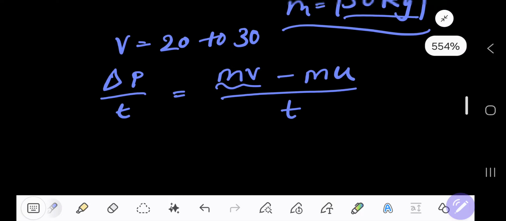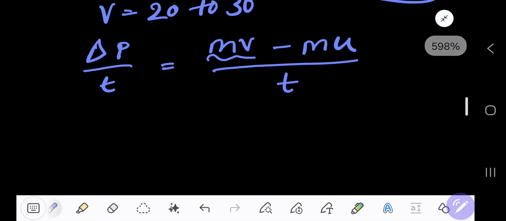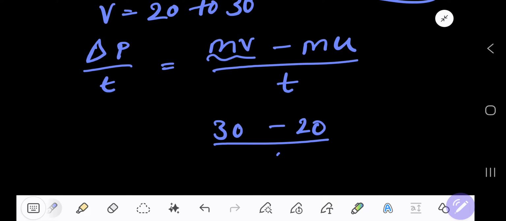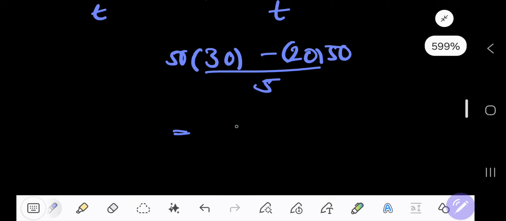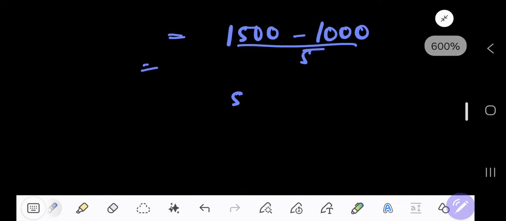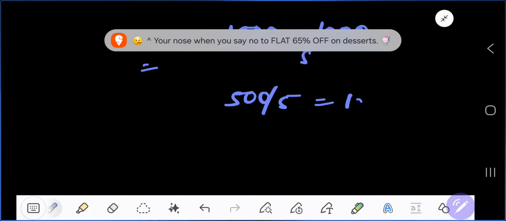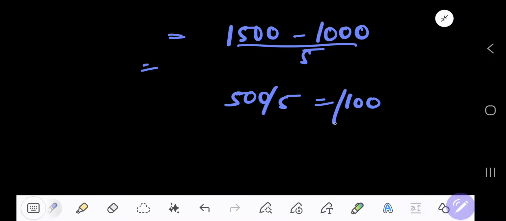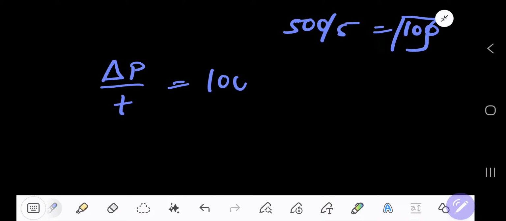Over here the final velocity is 30 and the initial velocity is 20, and suppose the time taken is 5, and you multiply both of these by 50. 50 times 30 is 1500, minus 20 times 50 is 1000, divided by 5, which equals 500 over 5, which equals 100. So we can say that the change in momentum of the body equals 100.